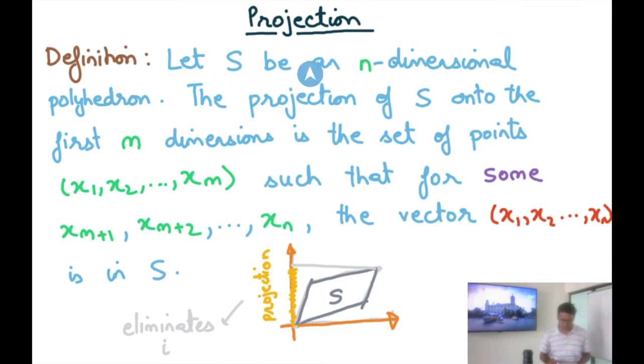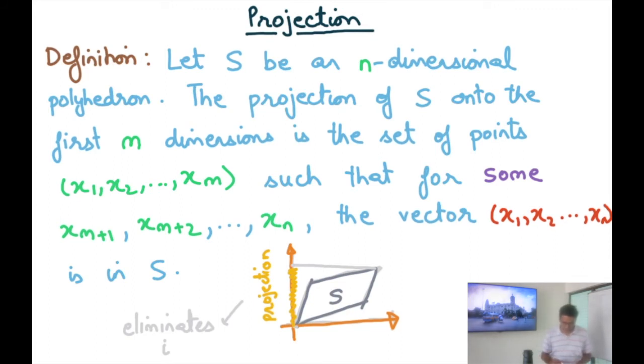Let S be an n-dimensional polyhedron. The projection of S onto the first m dimensions. So let's say my n-dimensional polyhedron had dimensions x1, x2, x3, x4 all the way till xn.